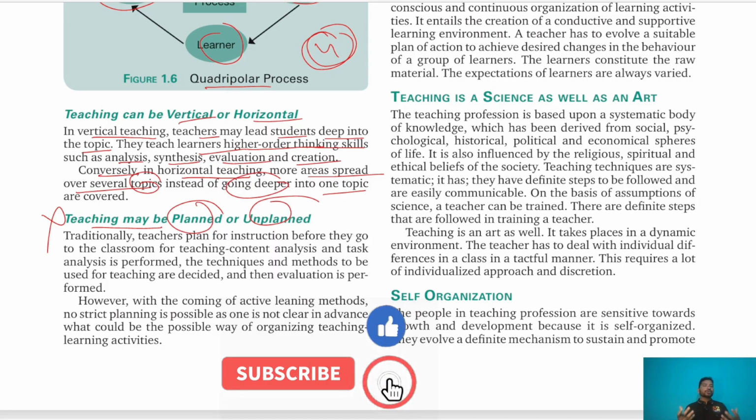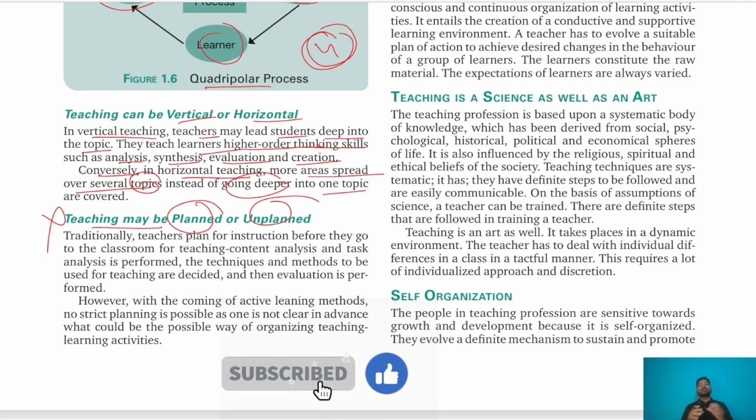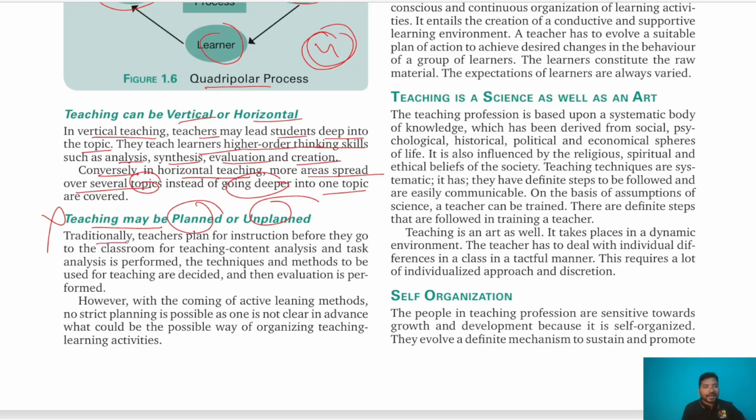You can teach the student with a plan, or you can teach the student unplanned. So how is it possible? Traditionally, the teacher plans the instruction before going to the classroom: content analysis and task analysis are performed, the techniques and methods to be used in teaching are decided, and then evaluation is performed.